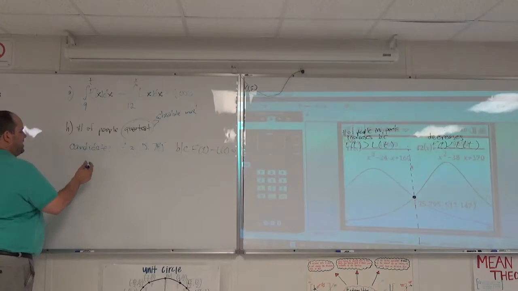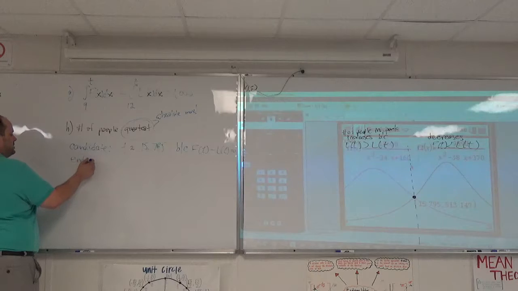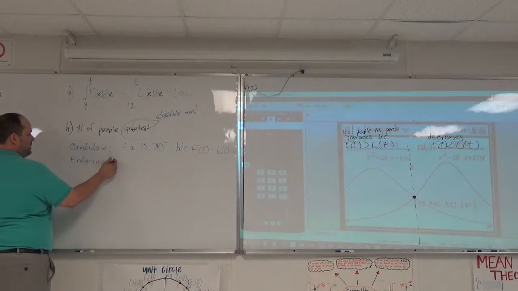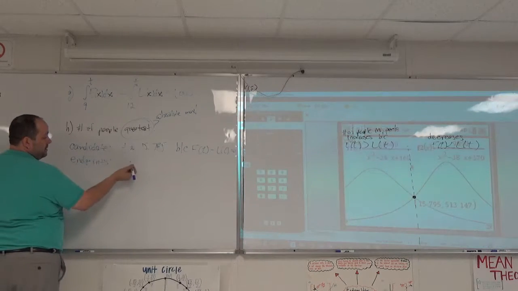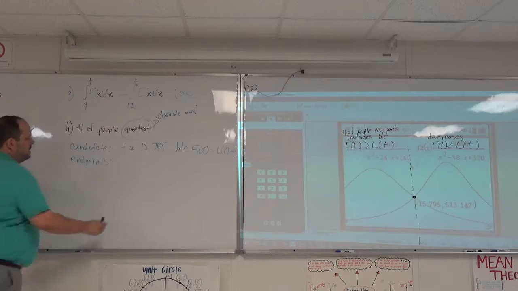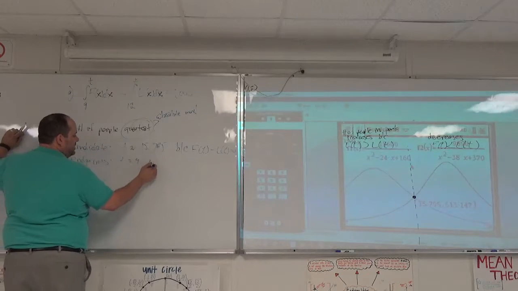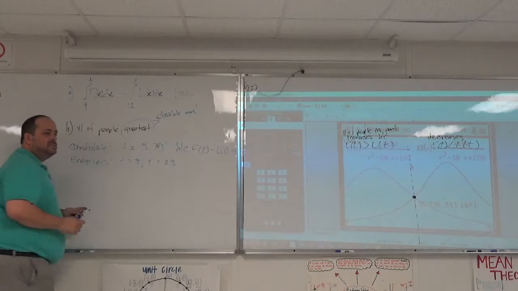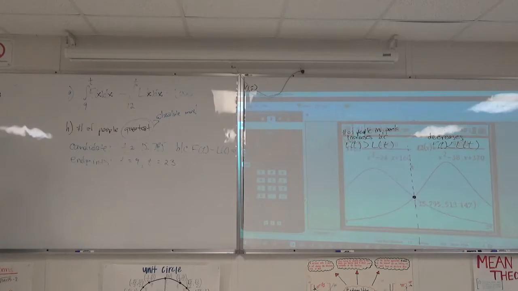Okay, so we've got to have a conversation about endpoints. What are the endpoints that we're going to look at here? They gave you a really specific interval: 9 and 23. At t equals 9 and t equals 23. Lewis, is that what you're going to say?